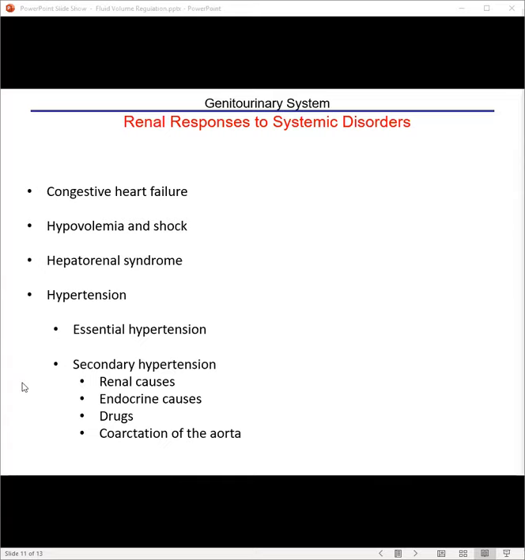Now, let's go to hepatorenal syndrome. Hepatorenal syndrome is a condition in which patients with liver disease have reduced urine flow or oliguria. And this is especially in patients with portal hypertension and ascites.